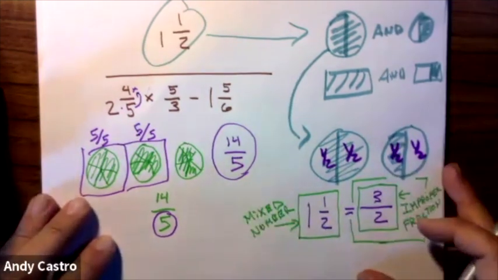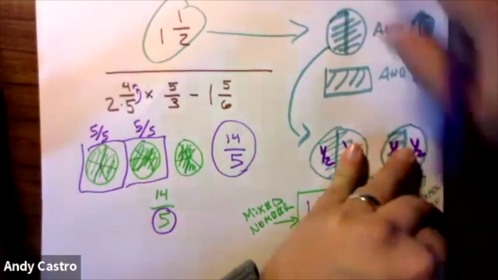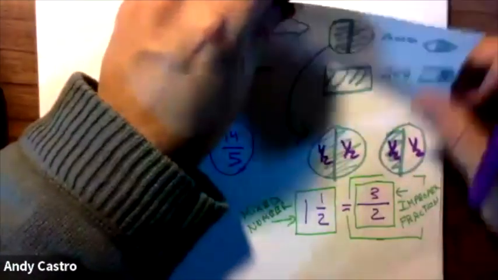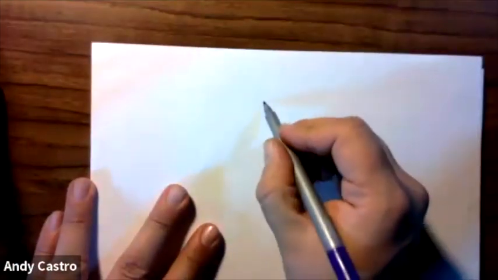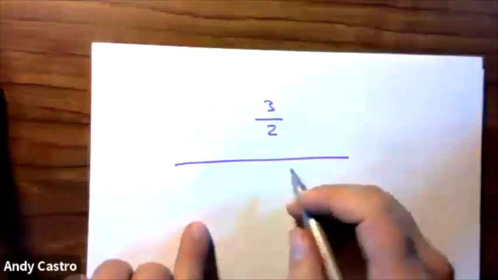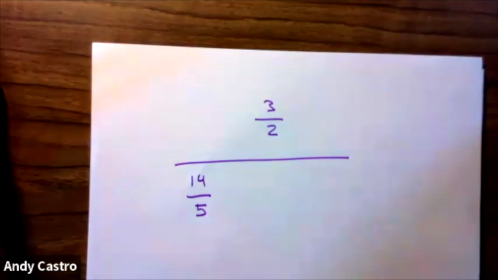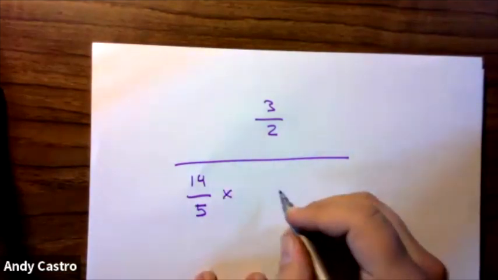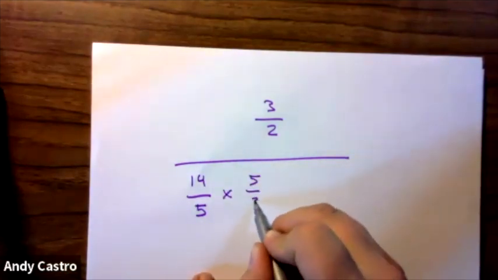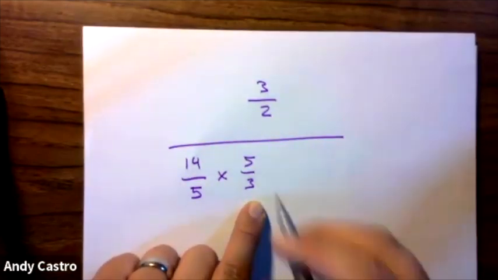All right, so I've taken up a lot of room. I'm going to move to a new sheet of paper. We're going to continue the same problem. All right, so 1 1/2, we know was 3 halves. And then down here we had 2 4/5. We changed that to 14/5. And then we're going to multiply that by the 5/3, which was already an improper fraction.